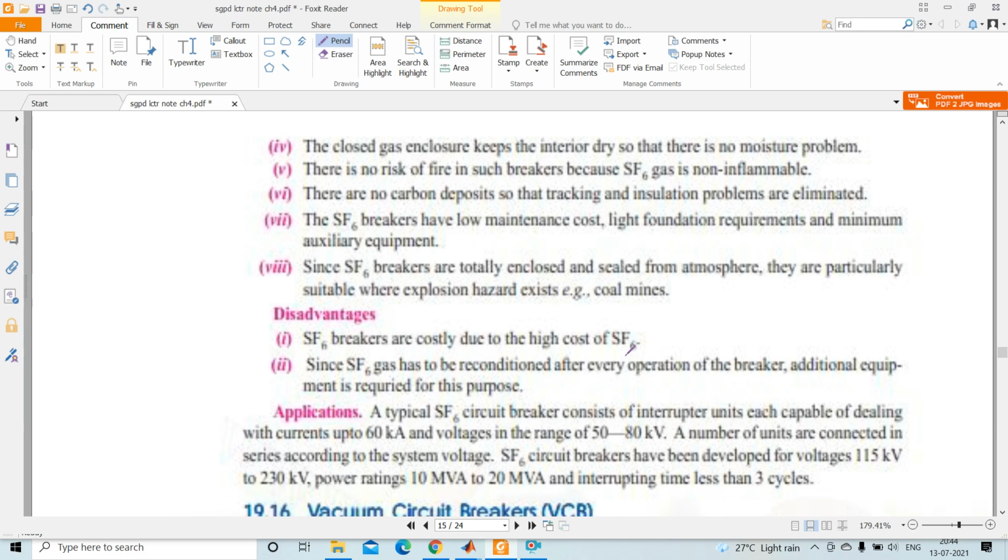SF6 circuit breakers have been developed for voltages of 115 kilovolt to 230 kV, a power rating of 10 MVA to 20 MVA, and interrupting time less than 3 cycles. These are the applications. So this is all about the SF6 circuit breaker.